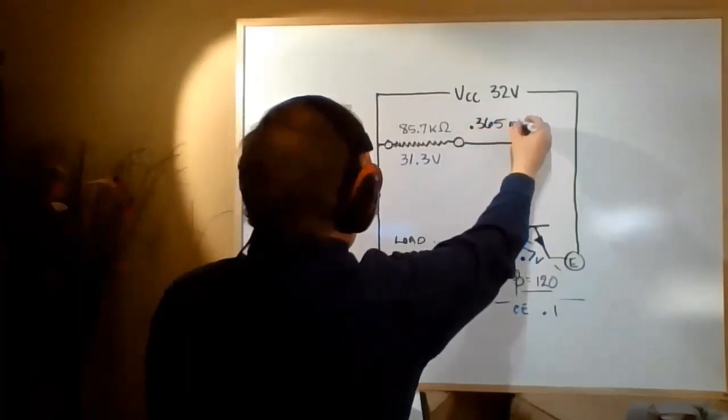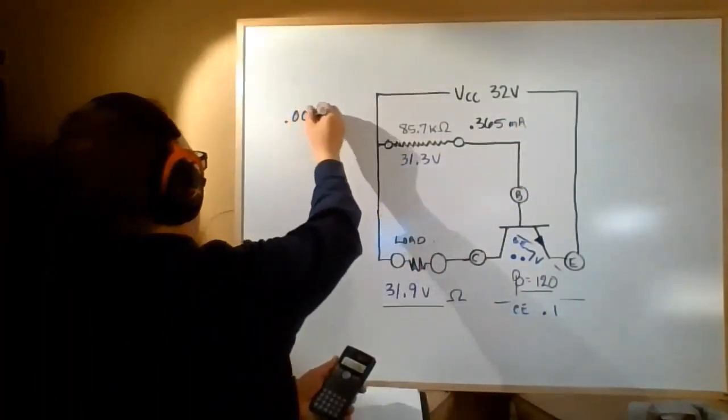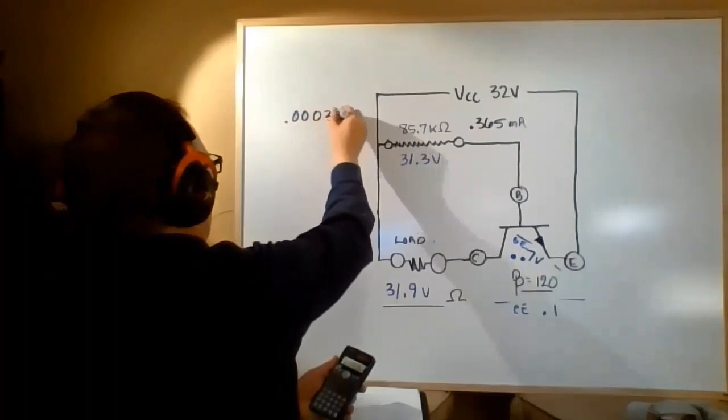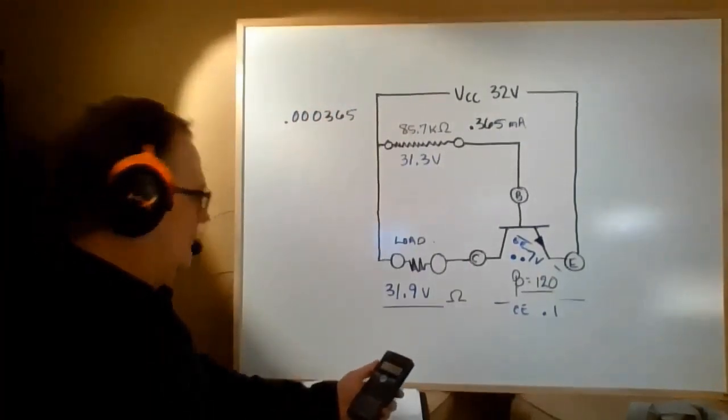So that's actually 0.000365, okay? And so a very, very small amount of current.